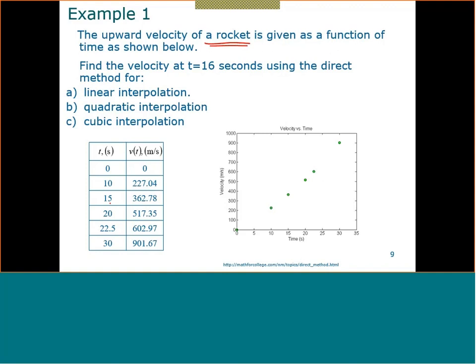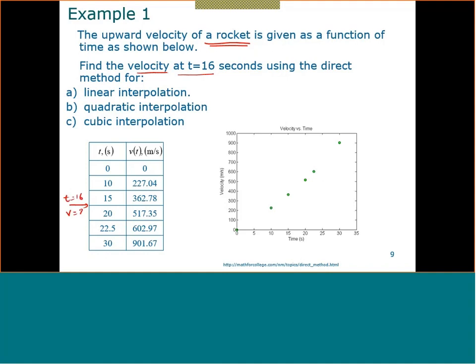When we draw this, this is the x-axis, the independent variable, which is the time, and we start from 0. The y-axis is my dependent variable, which is the speed. The question is, I want to find the velocity at 16 seconds, somewhere here. At t equal to 16, v is equal to what? This is my question.